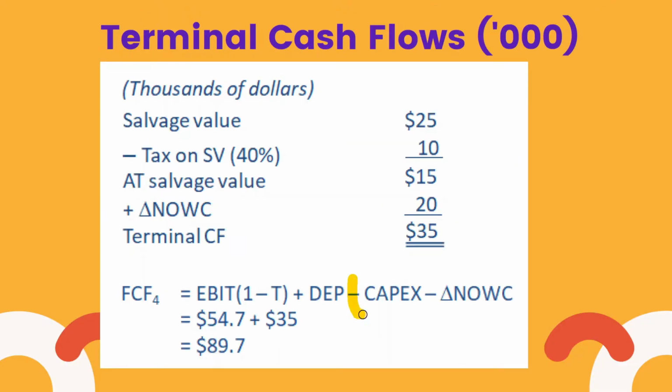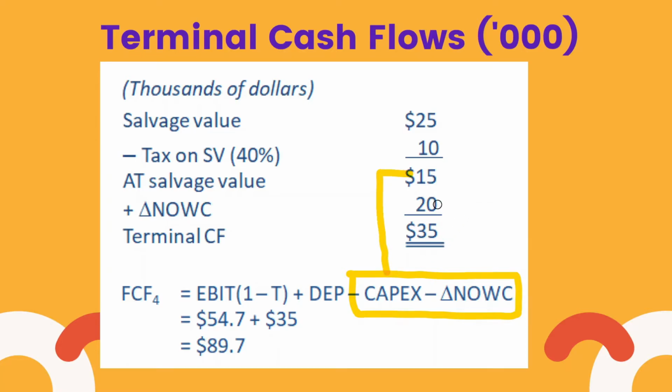Then the second group in the components of free cash flow represents an investment in long-term asset and additional investment in short-term operating asset or operating working capital. In this example, we sell the machine, so $15,000 will enter as positive numbers.